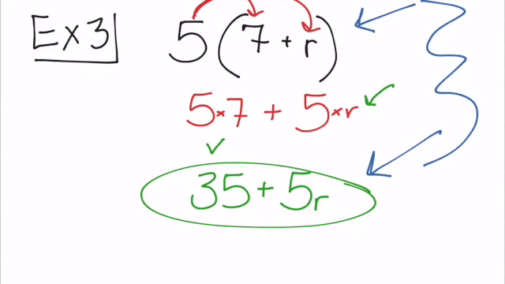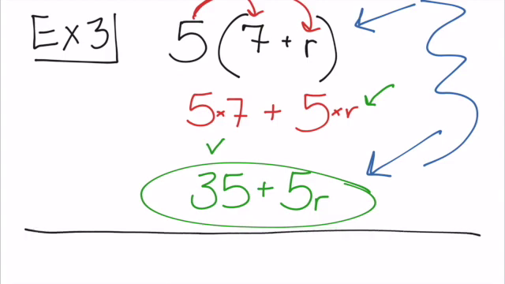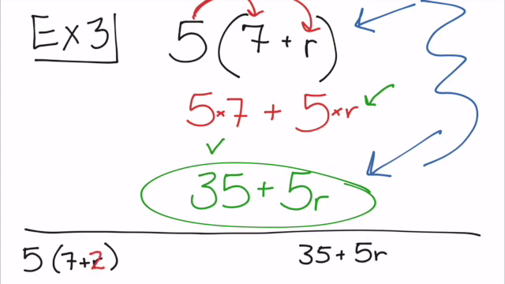Don't believe me? Well, let's pretend. Let's pretend someone walked into the room and said that r is the number 2. So my first one said 5 times 7 plus r. My second one, my answer, says 35 plus 5 times r. If someone walks into your world and said, hey, guess what? That r is the number 2. Let's make it the number 2.